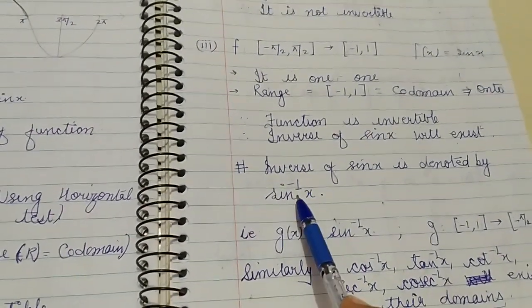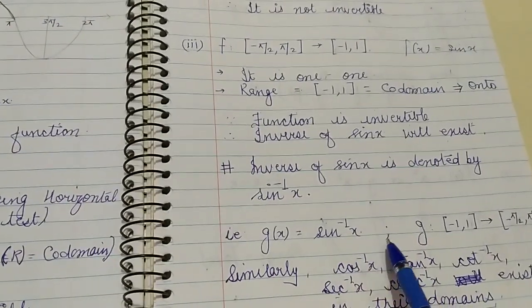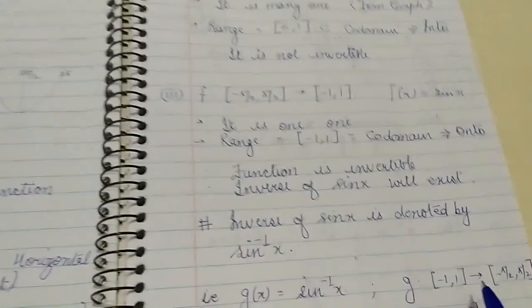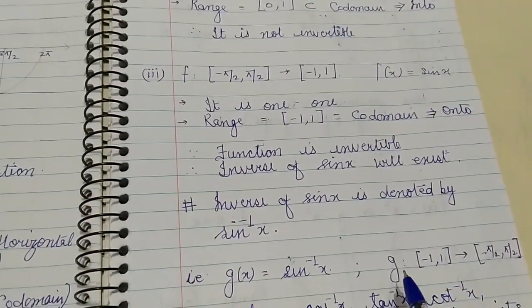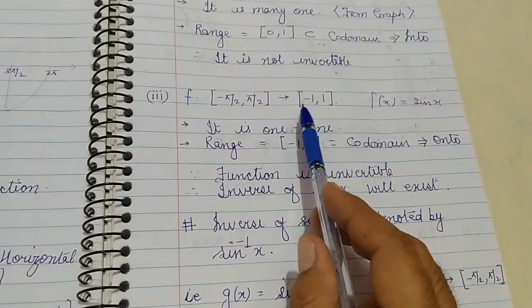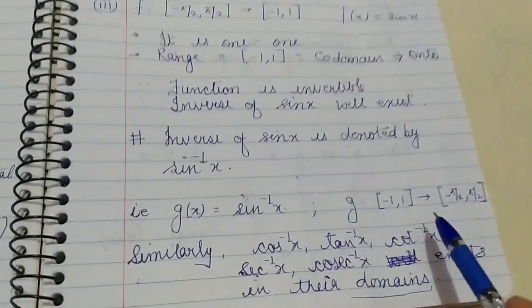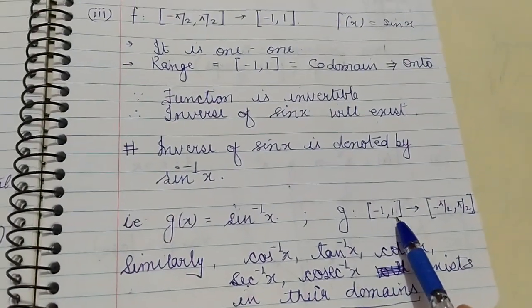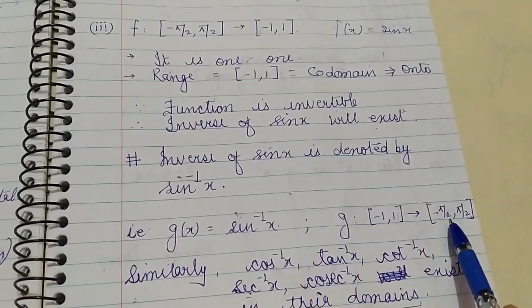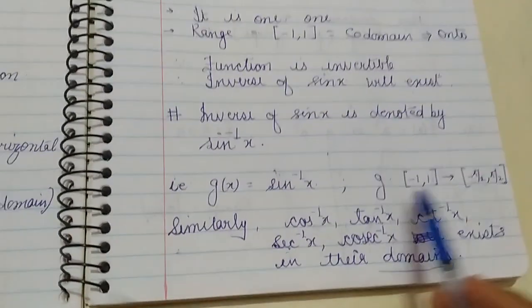Suppose this function is denoted by g(x) = sin inverse x, and using the curve we can say that this inverse function exists from minus 1 to 1 to minus pi by 2 to plus pi by 2. That means the domain of this function is minus 1 to plus 1 and the codomain is minus pi by 2 to pi by 2.